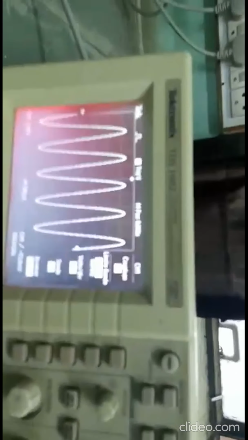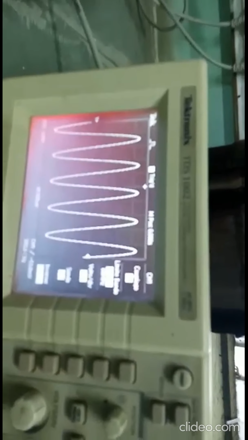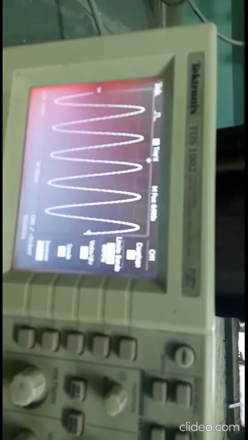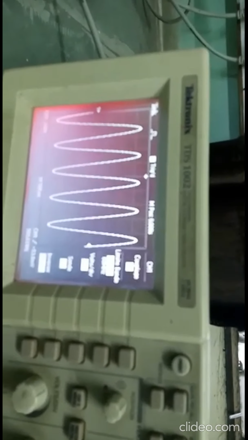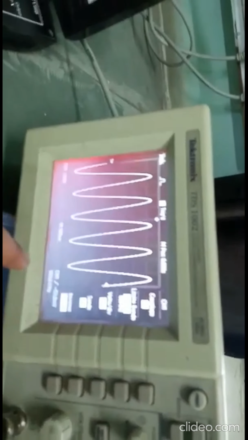Now in the output section we will deal with the output of this signal. This output we will get. Based on this waveform, in theory class I will show you how much loss we are getting. You can see in this waveform, some upper limit is there, some lower limit is there.